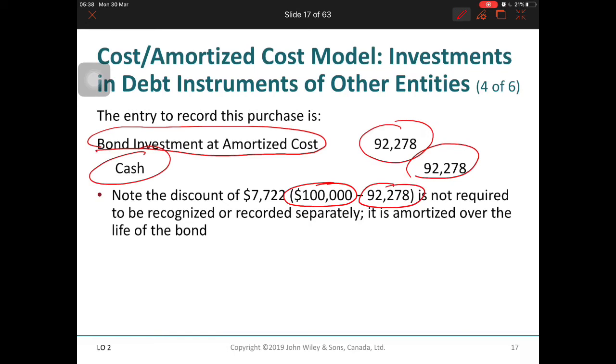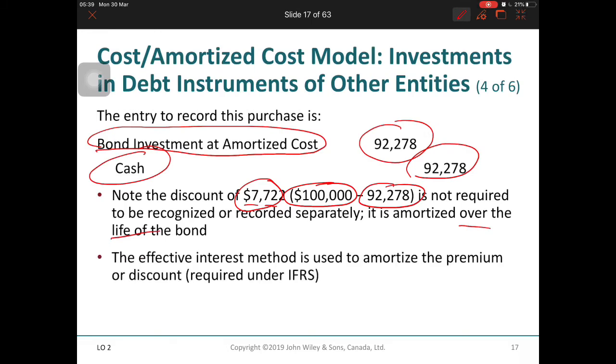It is amortized over the life of the bond. You don't need to record the discount, because this number will be distributed over the life of the bond, and the effective interest method is used to amortize the premium or discount.